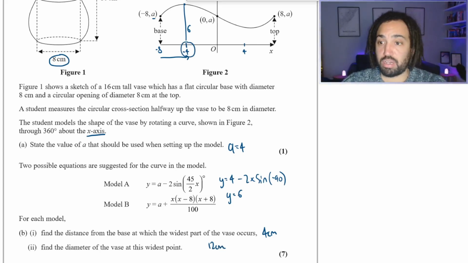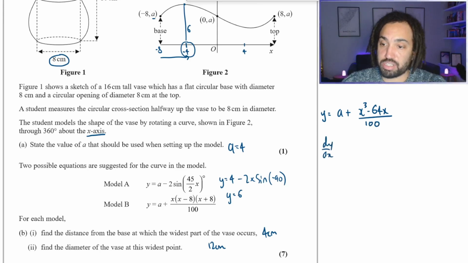Okay, the second part is a bit trickier. We're going to have to expand this out and then differentiate it in order to find its maximum. The top line will become x cubed minus 64x, and that's over 100. When I differentiate this, the a value is 4, by the way, but it doesn't matter.